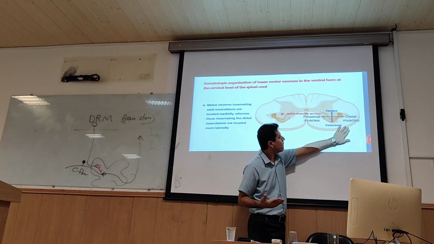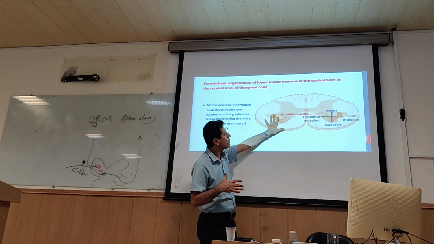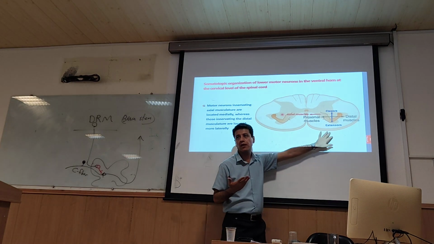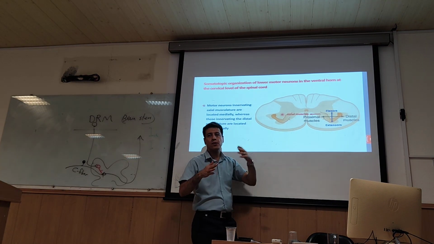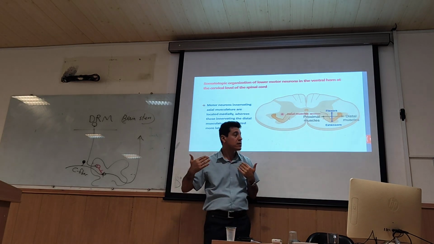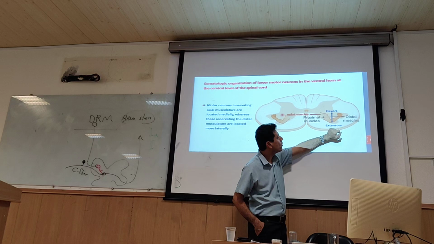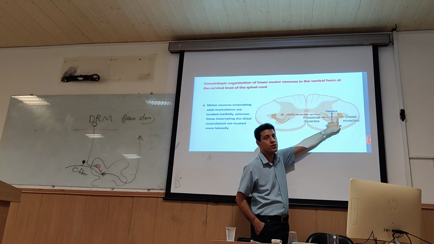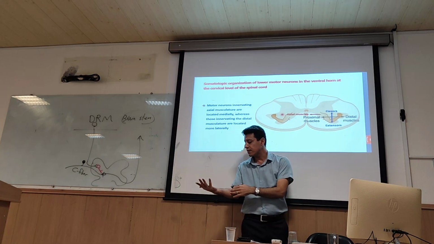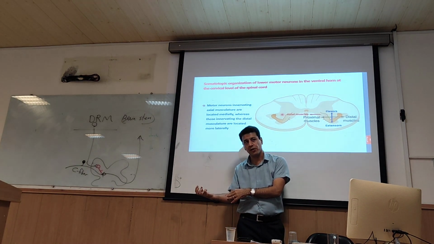So let's consider that and imagine that this one is a cervical segment. So you know that arms are innervated by cervical segments, right? So in the cervical segment, in the ventral horn, we have some alpha motor neurons that go to the muscles that actually move the distal part of the arm. So they move fingers.